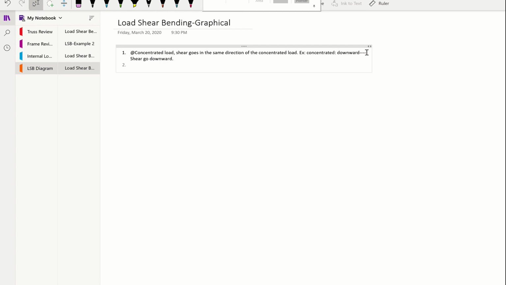The second rule is if this load is a distributed load, which we have seen some examples of in the last video. And here is a little trick or a little pattern we'll notice.